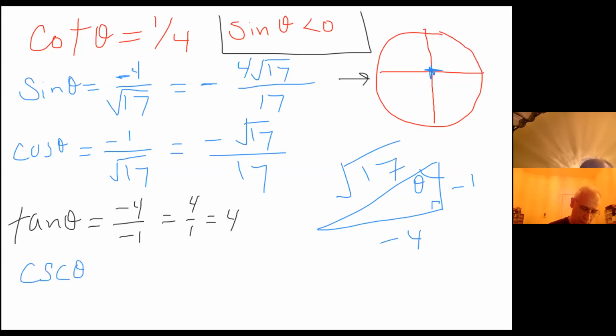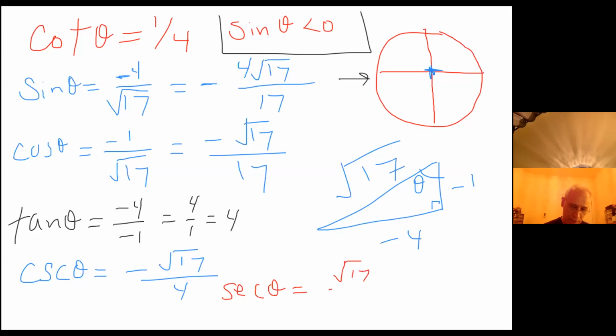Cosecant of theta equals 1 over sine of theta, so minus root 17 over 4. And finally, what is secant of theta? Secant of theta is 1 over cosine of theta, so square root of 17 over -1, which is minus root 17. Okay, that's good enough. I hope you like these examples.